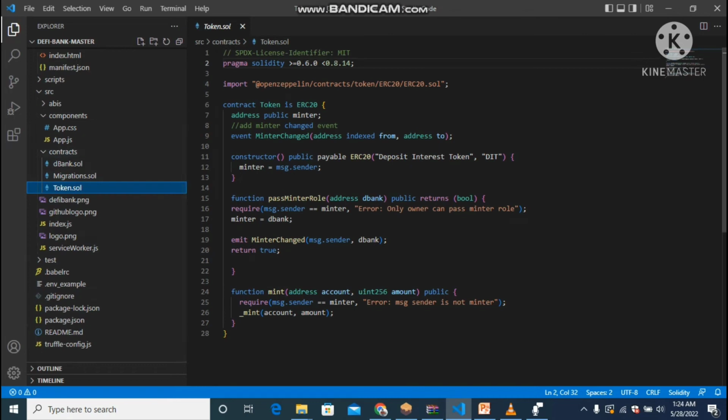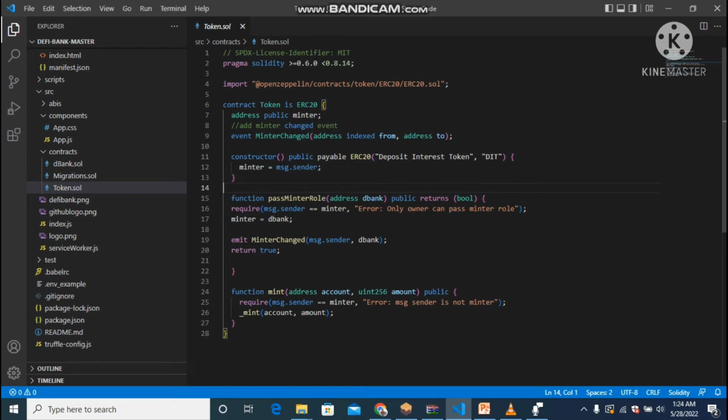In this contract I have imported the ERC20 tokens, which are basically in the OpenZeppelin library, which comes under the node modules, and here I make them payable, and I'm passing the mint role to the bank or to the person who is dealing with the bank, like the customer.